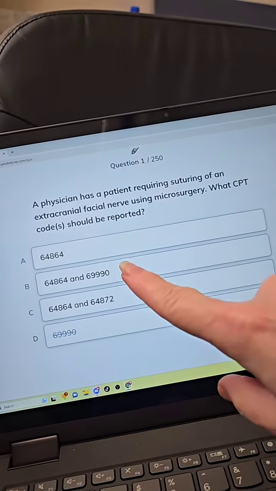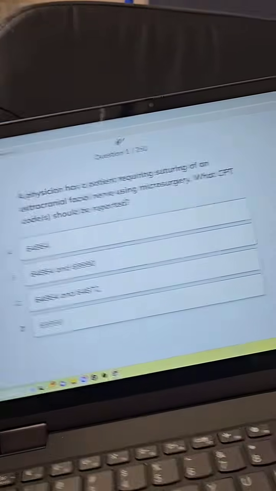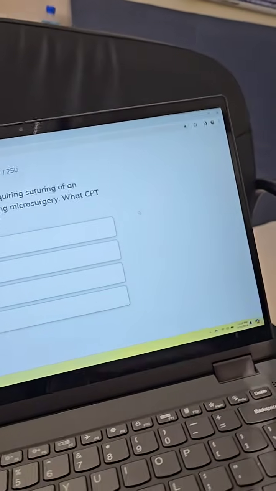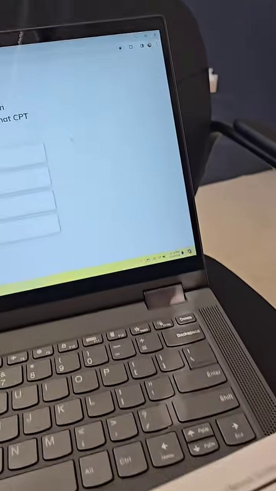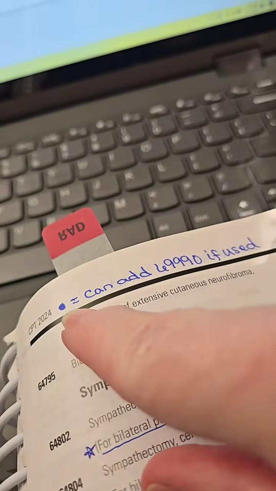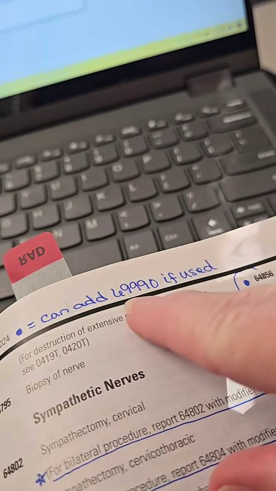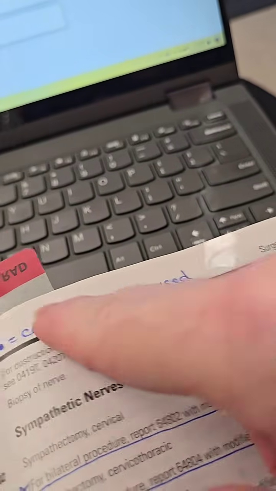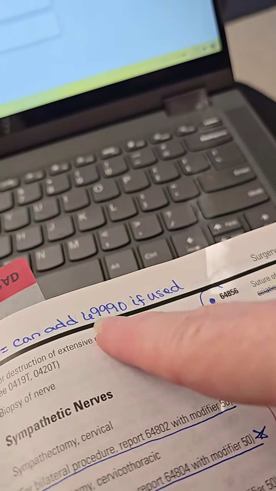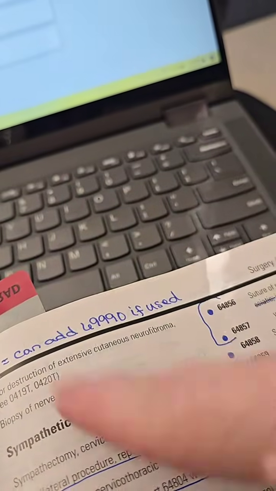So, in your notes for this chapter, I've gone through in my notes for 2024, as soon as I finish them, I've gone through and added a blue dot beside any of the nervous system codes that, if you do use microsurgery, you can add that code. So you would know if you're supposed to add it, because a lot of them you don't.